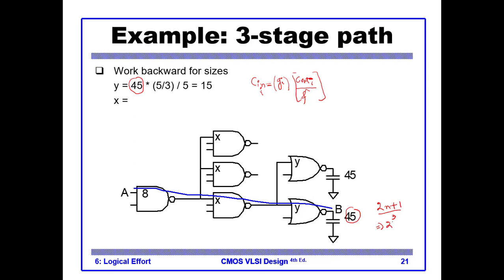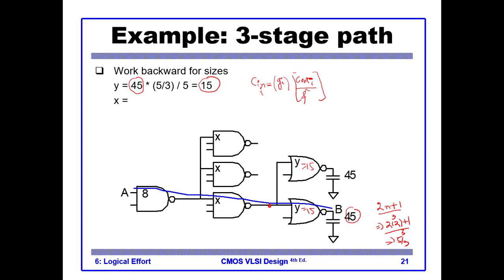So we have 2 into 2 plus 1 divided by 3, which is equal to 5 by 3 for a 2 input NOR gate. So 5 by 3 is our Gi, and divide by F cap. F cap from the previous slide is 5, so we get 15 as the size of our transistor. So this means that this is 15 and this is 15.